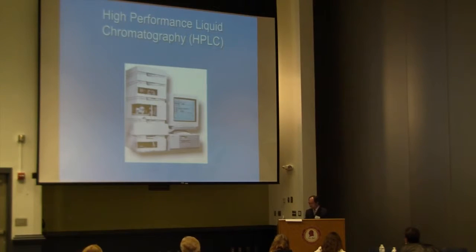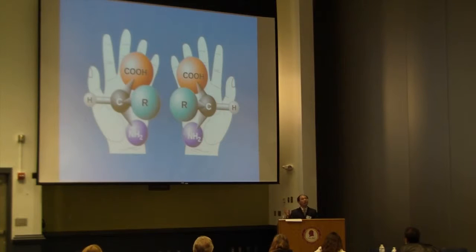High performance liquid chromatography is another instrument to separate. Sometimes it's very hard to isolate a specific compound from a mixture, because in nature, mixing happens naturally, but doing the opposite is very hard. For instance, there are chiral compounds. They have exactly the same formula, the same elemental composition, the same structure, but they are like your right hand and your left hand: very similar, but they cannot overlap. They are mirror images of each other. They actually are different, and they have different impacts on our human bodies as drugs.